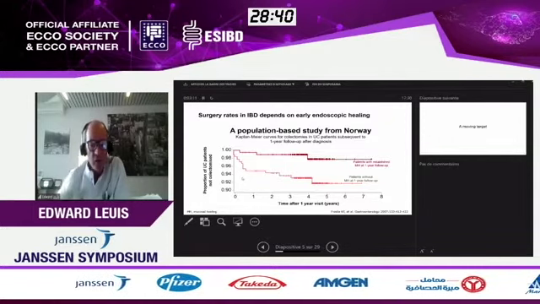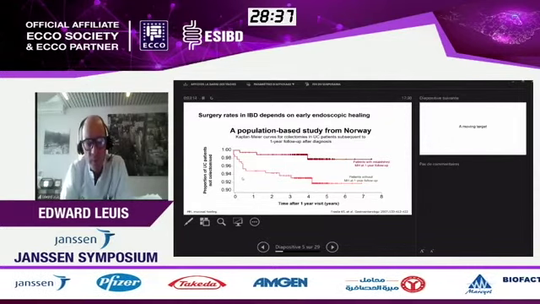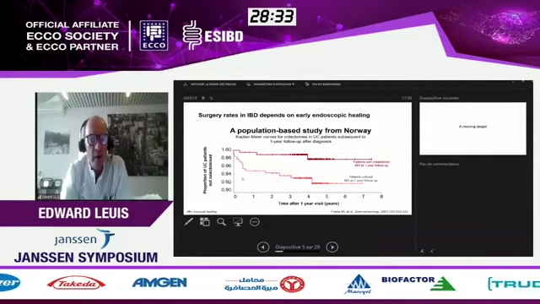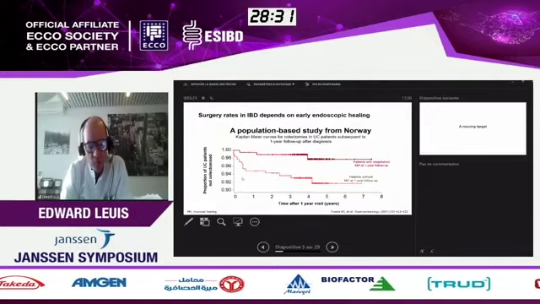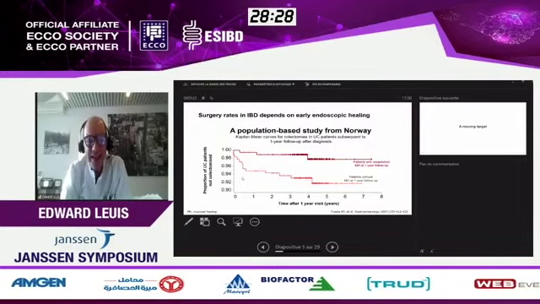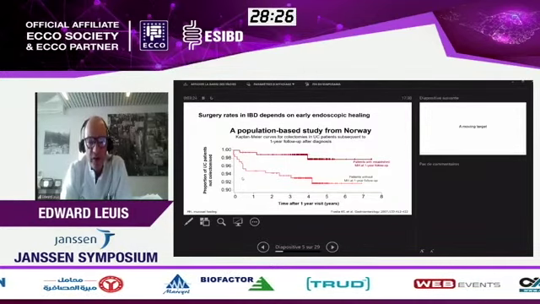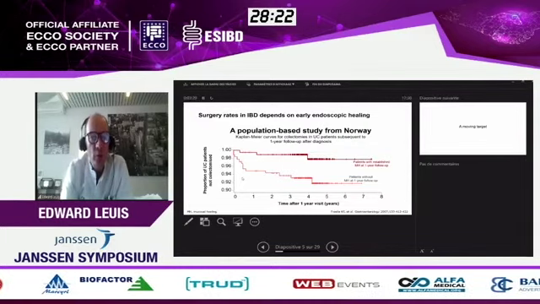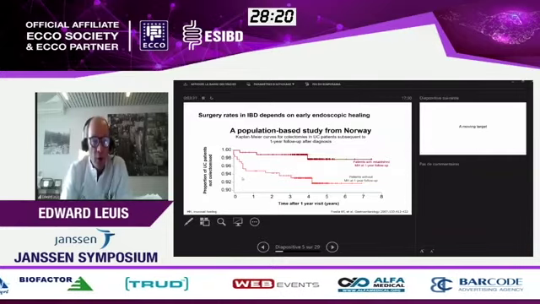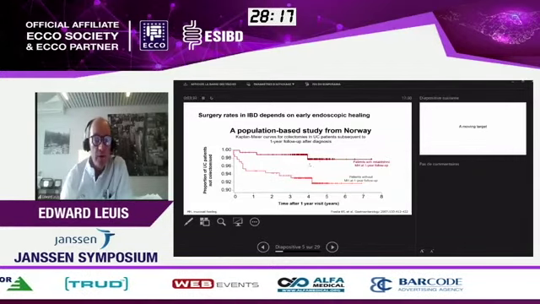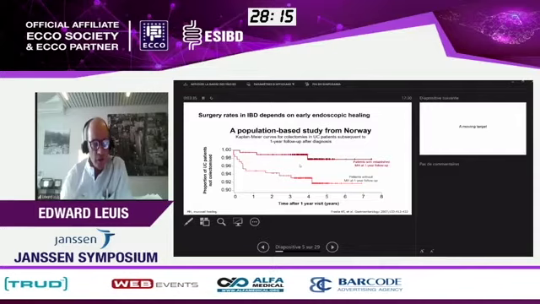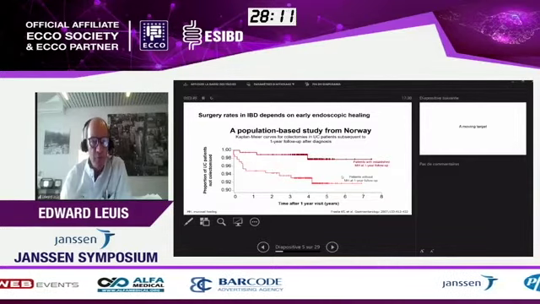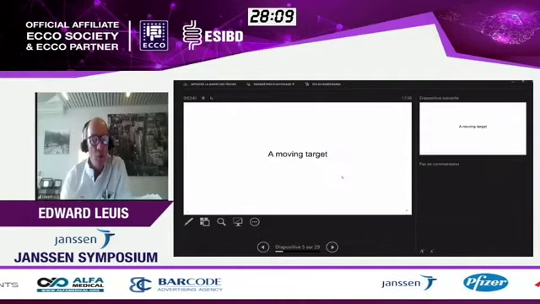You see this very well-known population-based study from Norway, where the authors were able to show that when patients reached mucosal healing within 1 year after diagnosis, the colectomy rate was significantly lower. And this is something that has also changed our practice. At that time, mucosal healing was defined by an endoscopic Mayo of maximum 1.